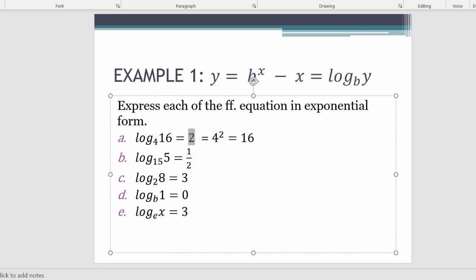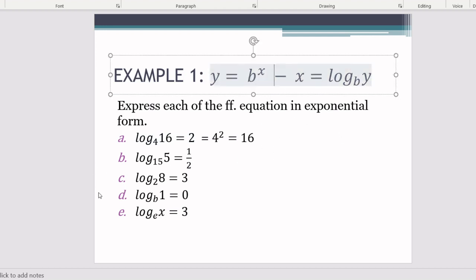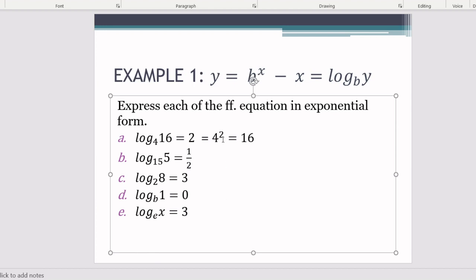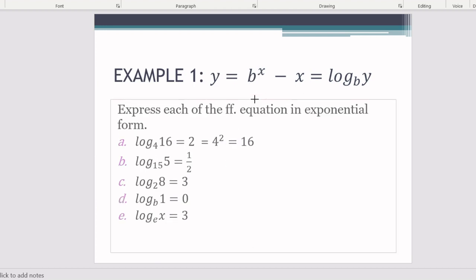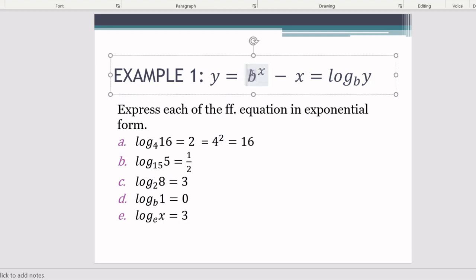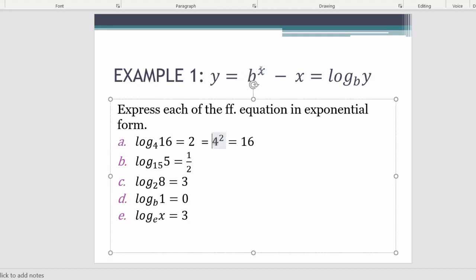Therefore, this is your x, this is your base, which is 4, and this is your y, which is 16. So that will be transformed into this one. Your base is 4, so that's b. Then your x is 2, that's squared. So obviously that is 16, right? So that's simply it.